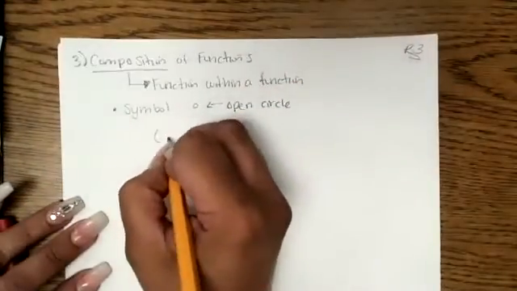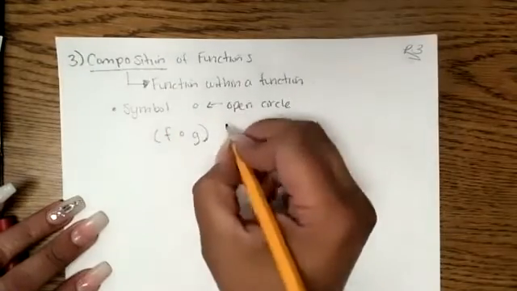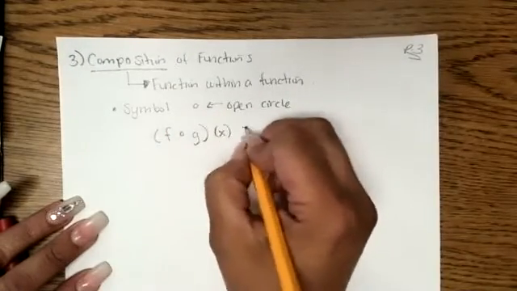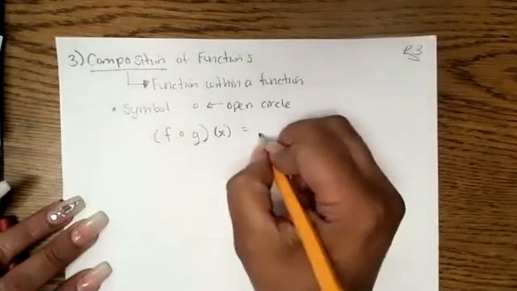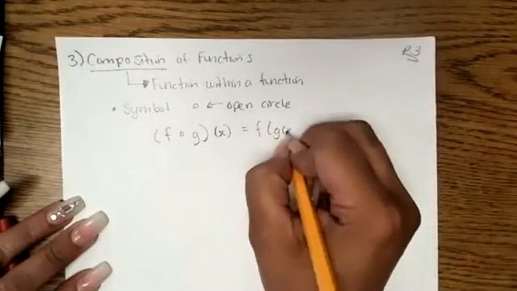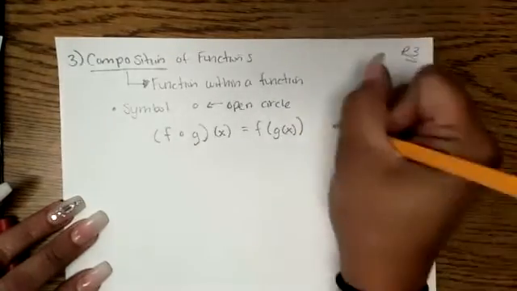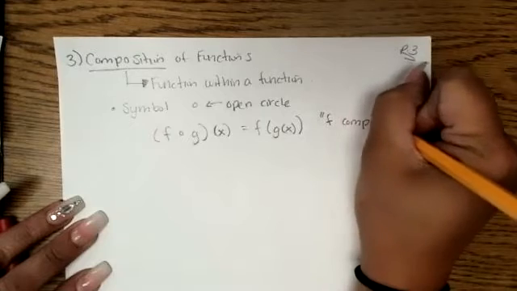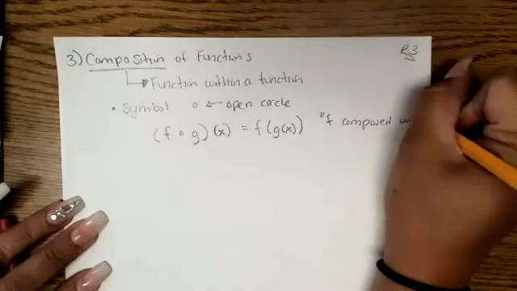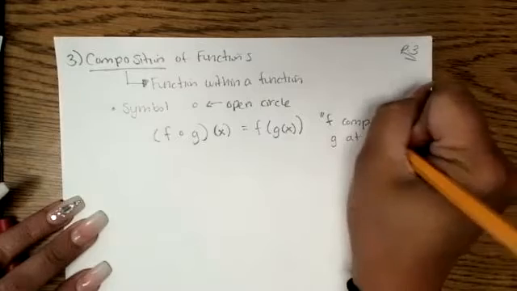And it's written like this: f of g of x. And because the g is closest to the x, the f is going to be on the outside and the g of x is going to be on the inside. So this is the way it's read: f composed with g at x.